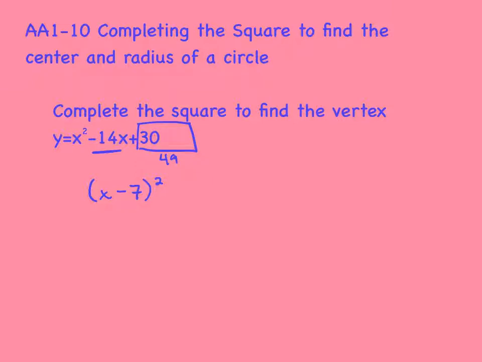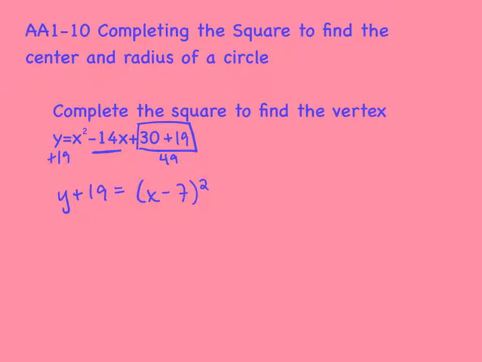So I'm going to add 49 here, and add 49 here. So y plus 19 equals x minus 7 squared.